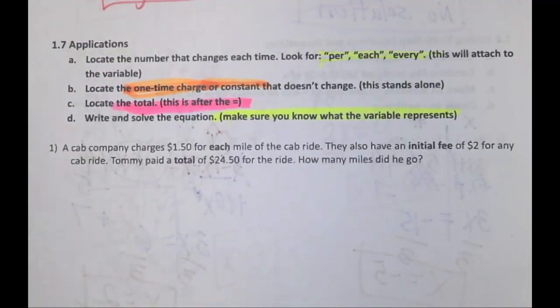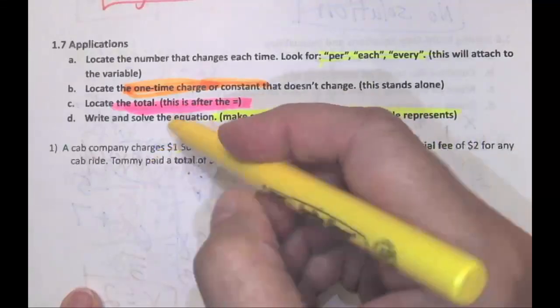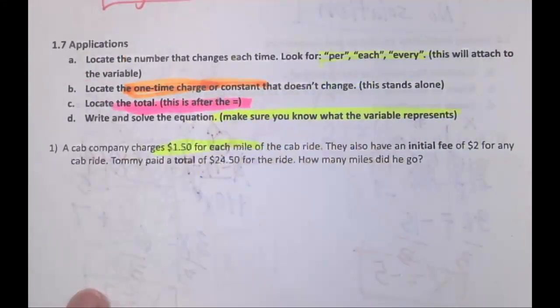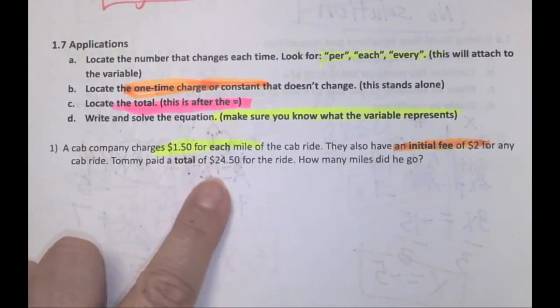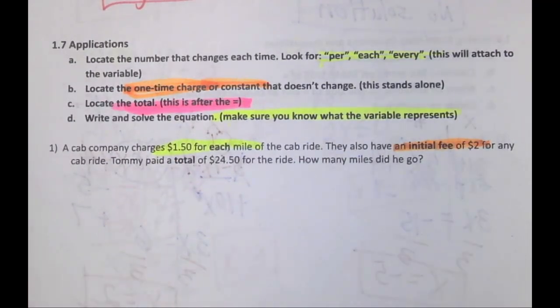So we have a cab company that charges, here's our each, $1.50 each mile for a cab ride. They also have an initial fee of $2 for any cab ride. Initial meaning beginning or starting. So you pay $2 at the start, then you pay $1.50 for each mile. Now Tommy here paid a total of $24.50 for his ride. How many miles did he go?